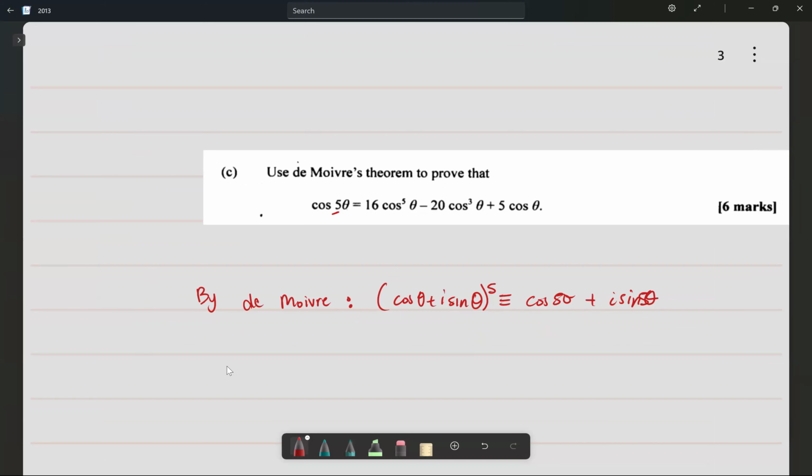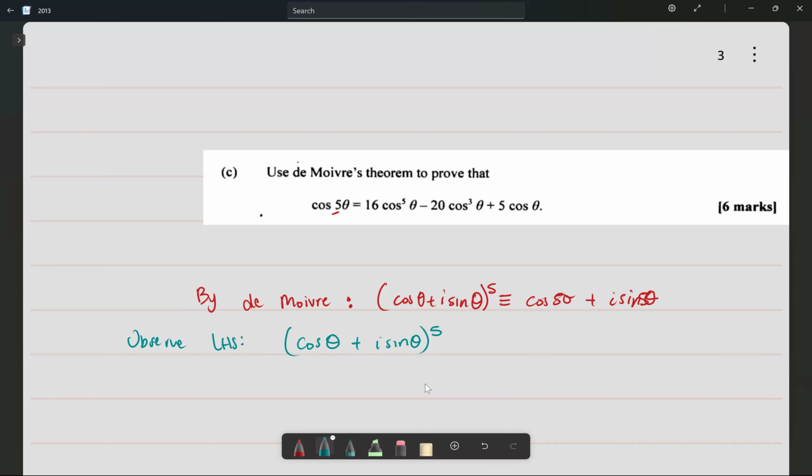Now, before we even continue and expand the left-hand side, we're going to do selective expansion. So we're going to say, observe the left-hand side, which is cosine of theta plus I sine theta to the power of 5.